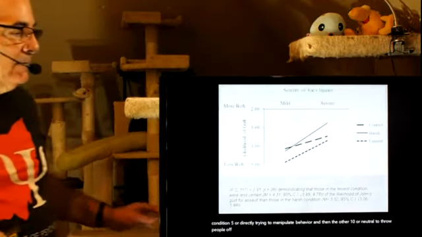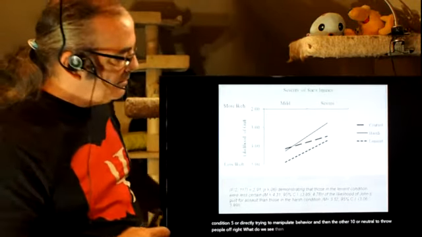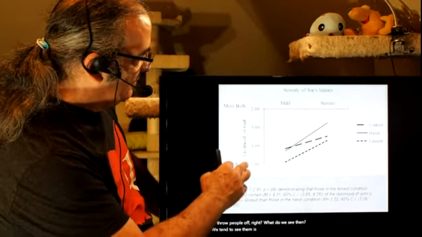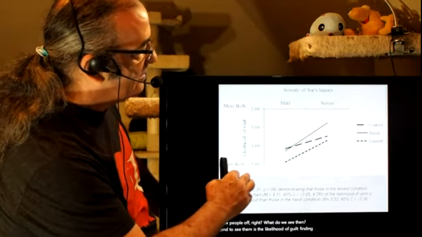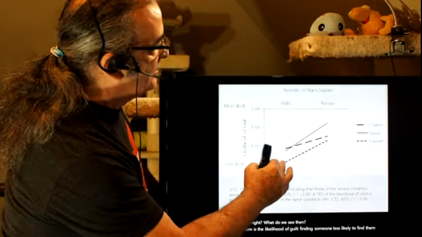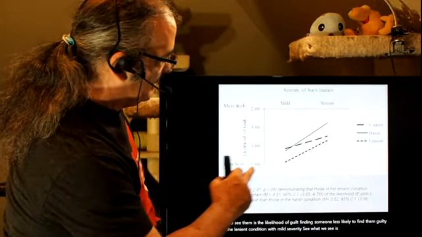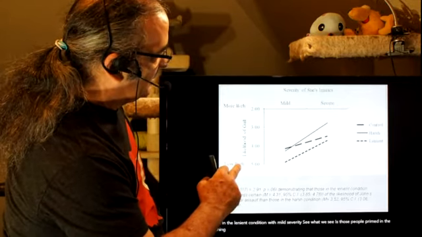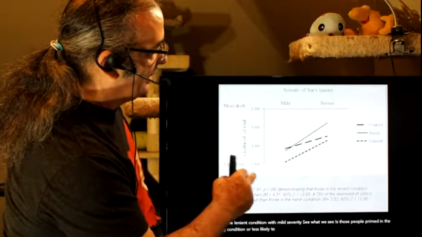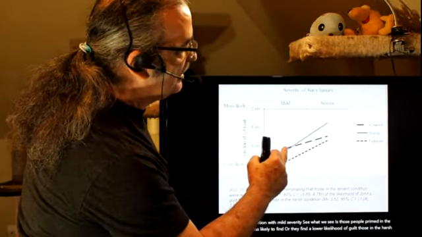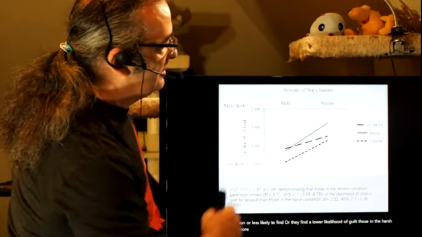What do we see then? Well, what we tend to see is that those primed in the lenient condition, with mild severity, find a lower likelihood of guilt. Those in the harsh condition are more likely to find the person guilty.